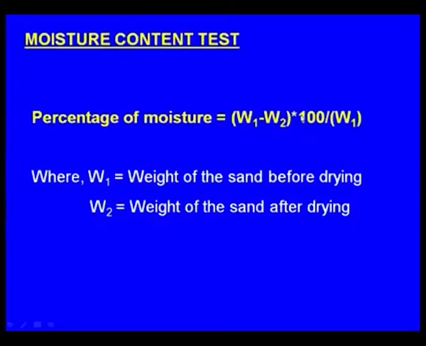The percent of the moisture is equal to (W1 minus W2) multiplied by 100, divided by W1. What is this W1 and W2? W1 is the weight of the sand before drying, before we kept it inside the infrared oven, and W2 is the weight of the sand after drying. The difference of these weights multiplied by 100, divided by the initial weight of the sand, gives the moisture content.